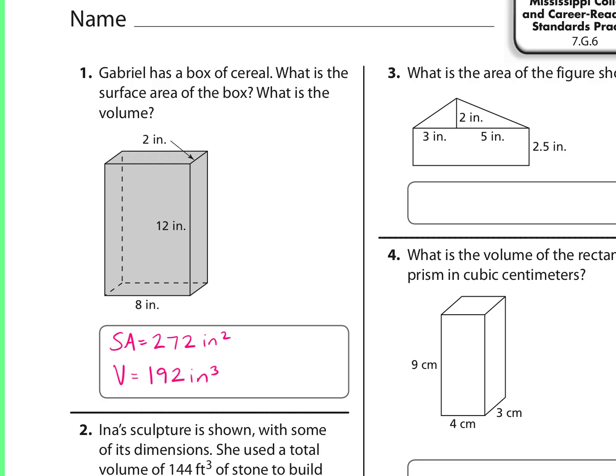So I chose the base to be the bottom rectangle of this box. So we say length times width, or base times height. And that's 8 times 2, which is 16. Now, I could go ahead and find surface area by knowing that there are 2 of those. And then we've also got these other 2 sides.